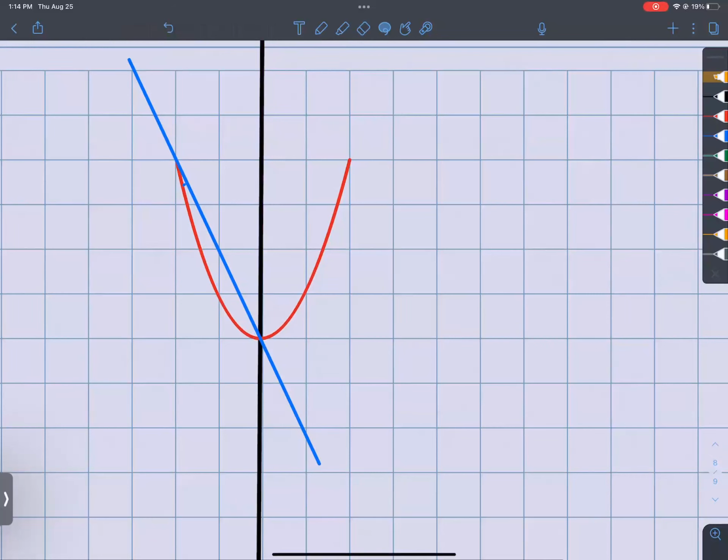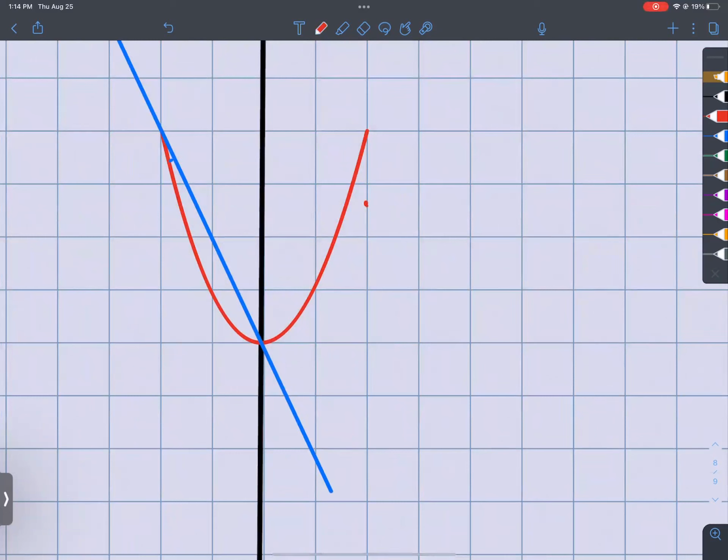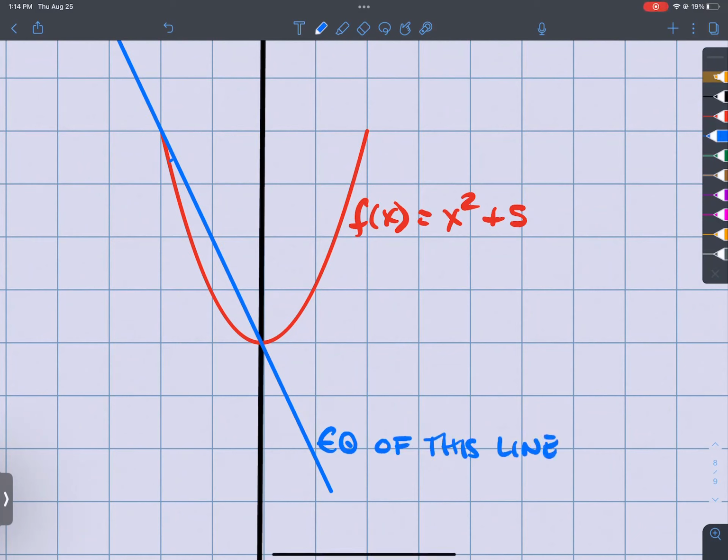Right, I'm doing something like that. So this right here is f of x equals x squared plus 5, and I want to find the equation of this line, which is a secant line.